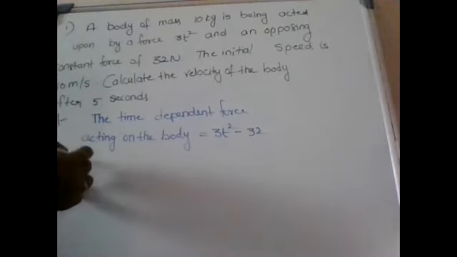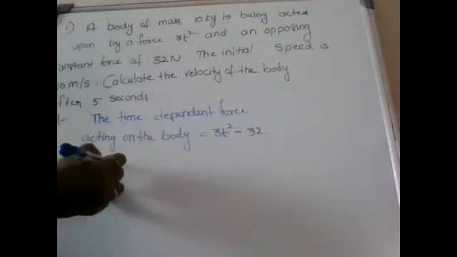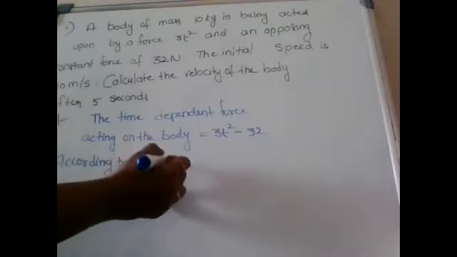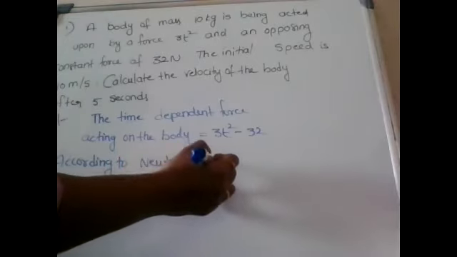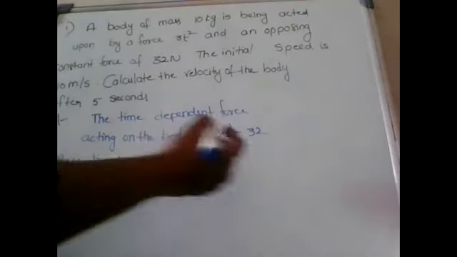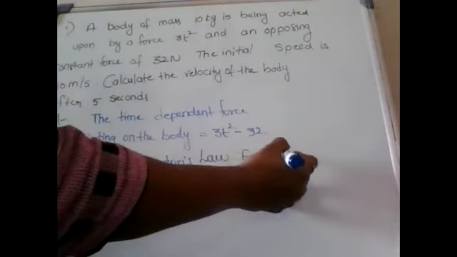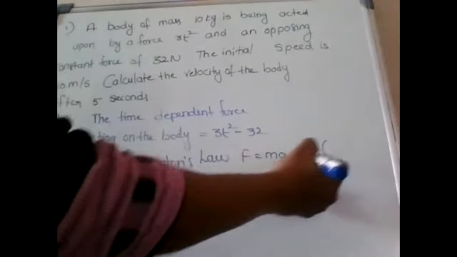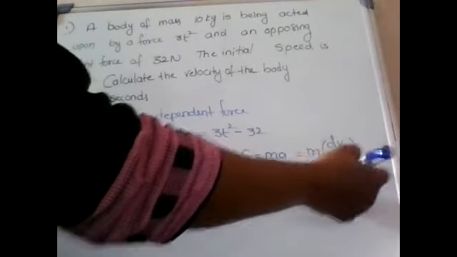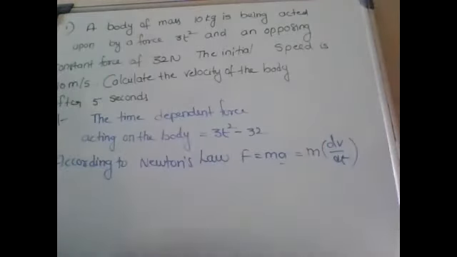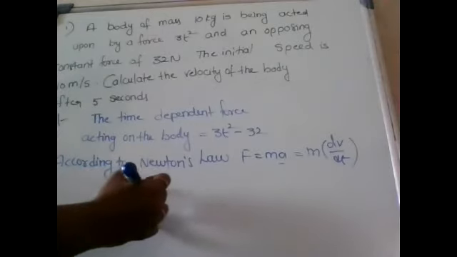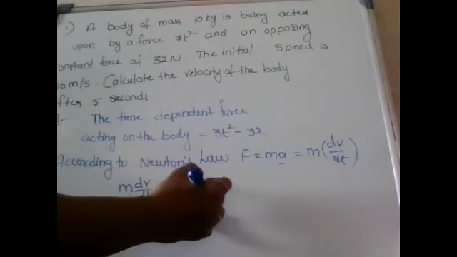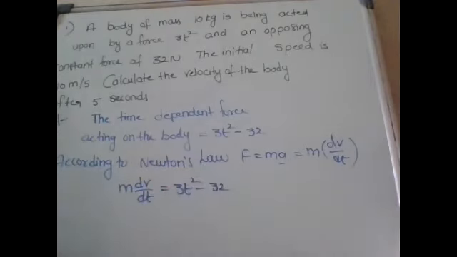According to Newton's law, F equal to m into a. Acceleration we can write dv by dt, the rate of change of velocity. So m into dv by dt equal to 3t square minus 32.